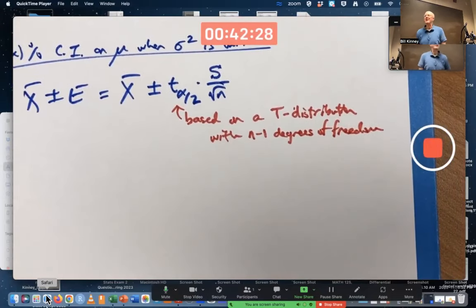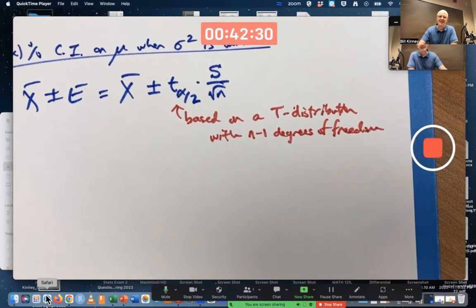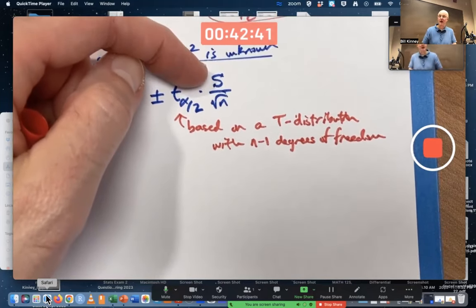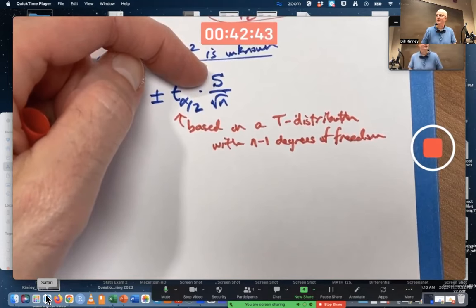What does degrees of freedom really mean? I don't really want to go into details. You just kind of accept it. You can do some research and try to figure out why it's called degrees of freedom. We also said S and S squared were computed using n minus 1 degrees of freedom.